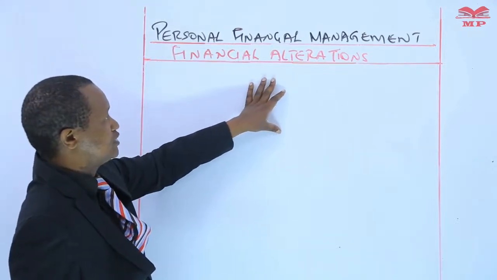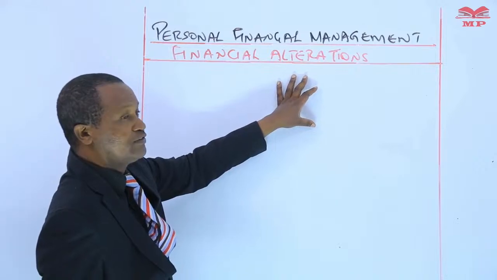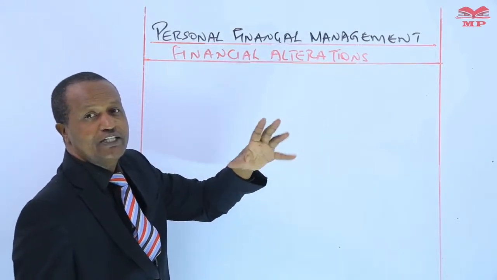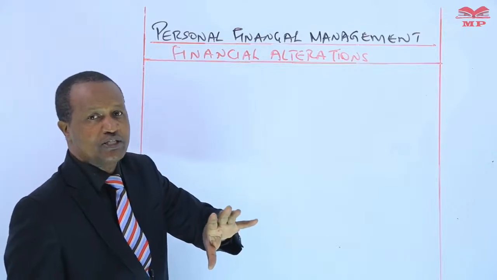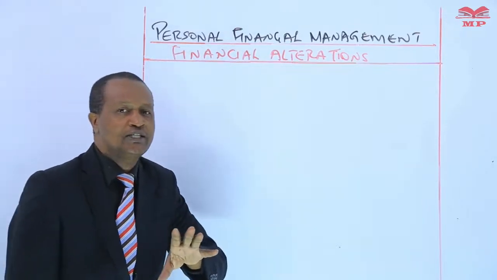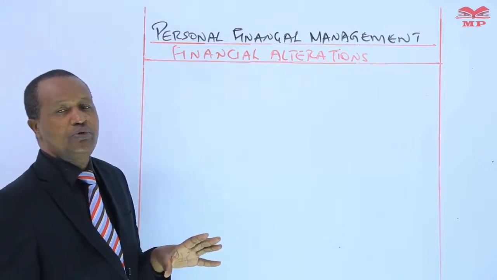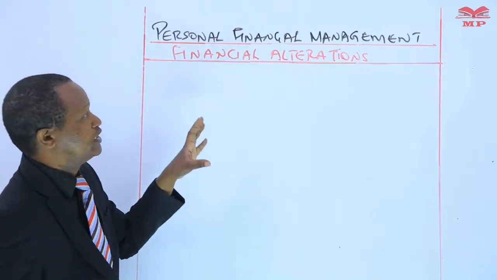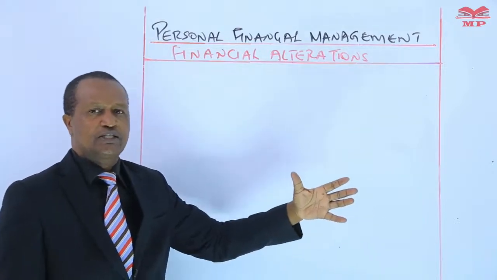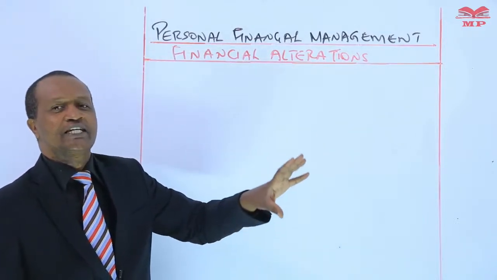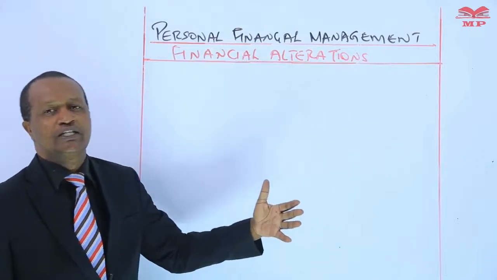Financial alterations in relation to personal financial management refers to the different adjustments or adaptations that may be required in personal financial management. We all know that personal financial management is a continuous process that requires adjustments and adaptations throughout the life of an individual.